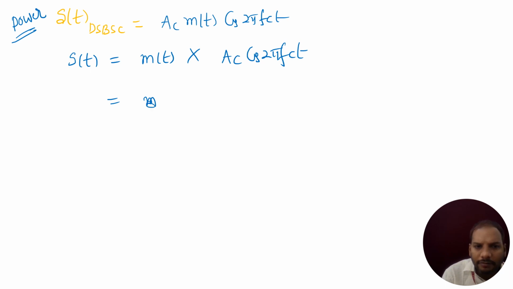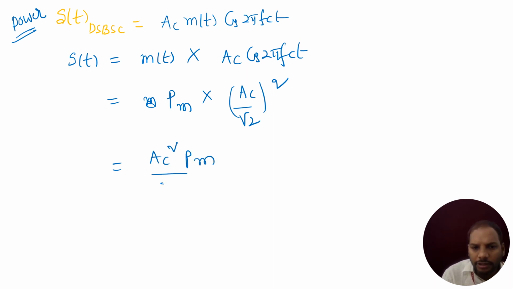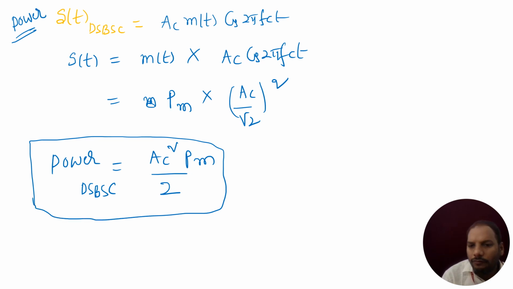Let us consider the power of M of t as Pm. The power of Ac cos 2 pi fc t is the RMS value whole square. All of you know this. So this is simply Ac square Pm by 2, the power of the DSBSC. Power of DSBSC, that many watts you can write.